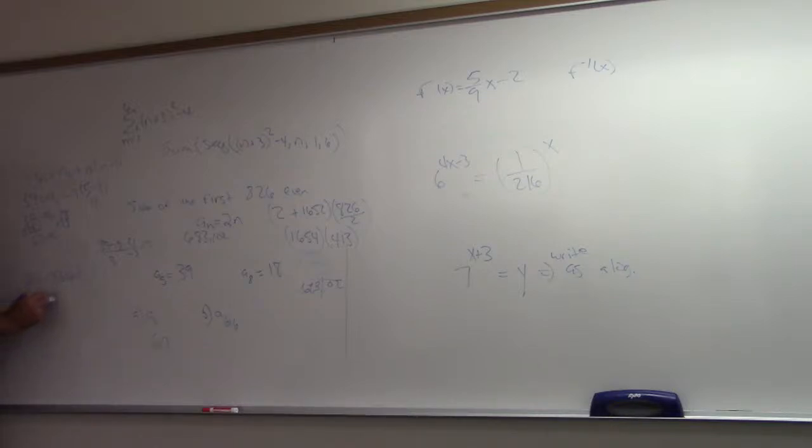So 67 minus 7 times 615, which is, 7 times 615, yeah, 4,305.